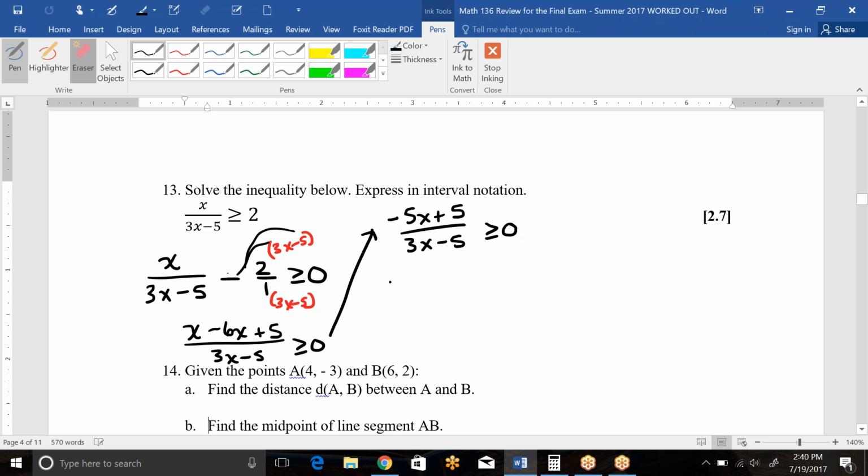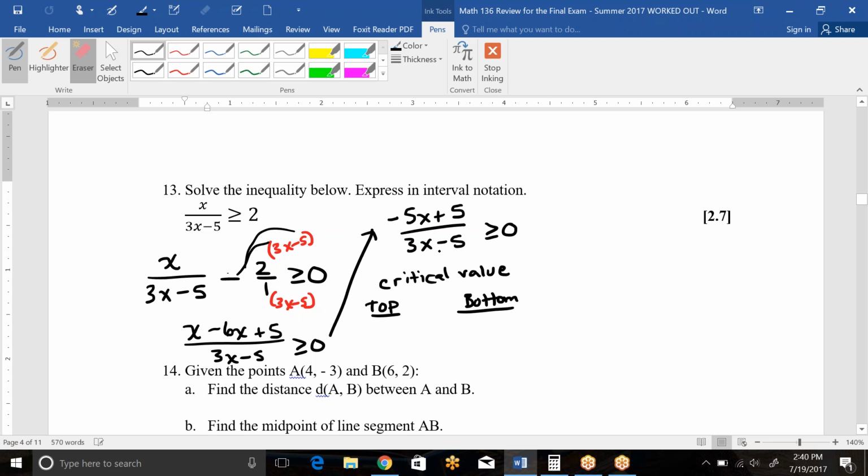So now we're going to have what we call two or more critical values. Critical values happen on any factors that are on top or bottom. I always separate my top from my bottom because I'm going to have different rules on whether or not it's going to be a parentheses or a bracket based on its location and the symbol out here. Denominators are always going to be open regardless of whether or not you have this equal to bar.